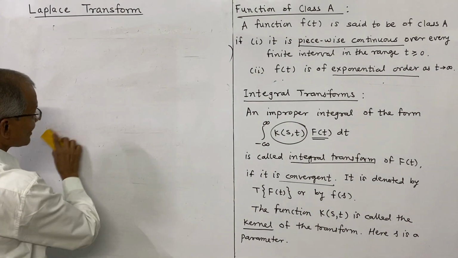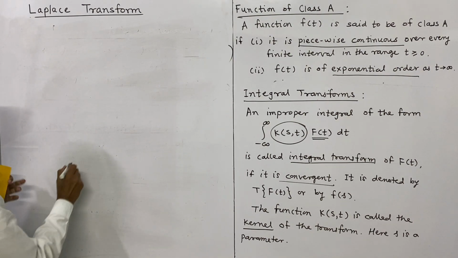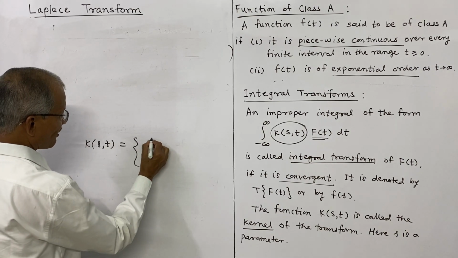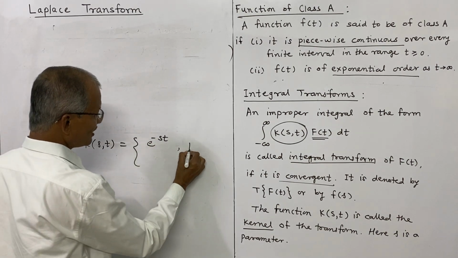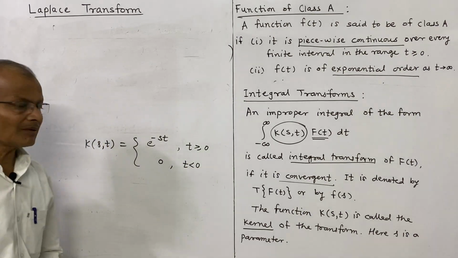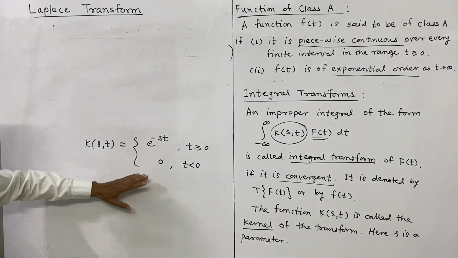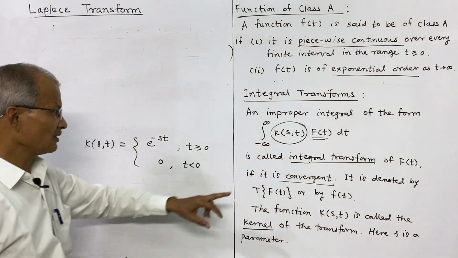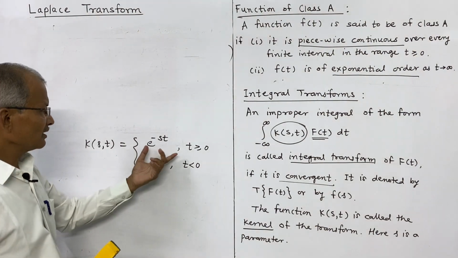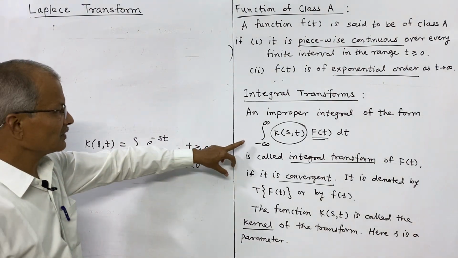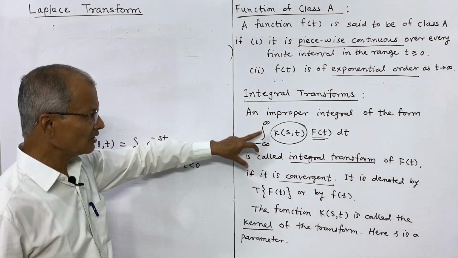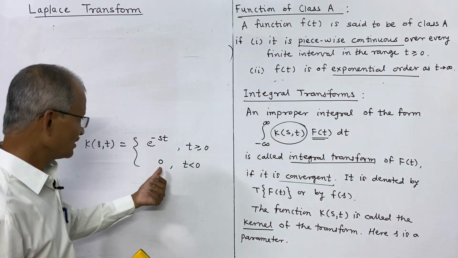So if we take k of s,t as e power negative st when t is greater than or equal to 0, and 0 when t is less than 0, that means this kernel is defined for non-negative values only. When t is negative, this value is 0, and therefore the range becomes 0 to infinity, because from minus infinity to 0 the function is 0.